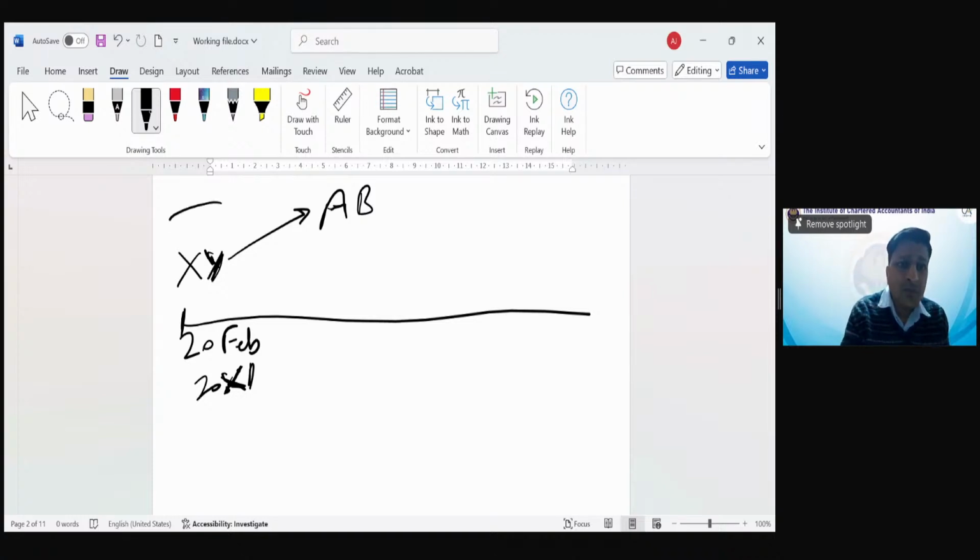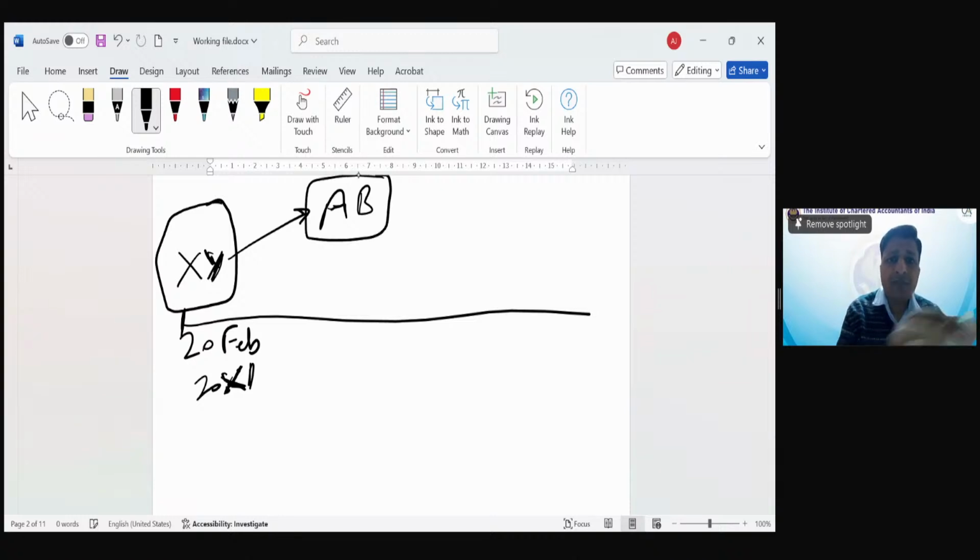Let's suppose this is the premises of XY and this is the premises of AB. Now premises of XY is where the goods will continue to lie. Even if those are sold, XY will not dispatch the goods, because AB has asked XY to do this.